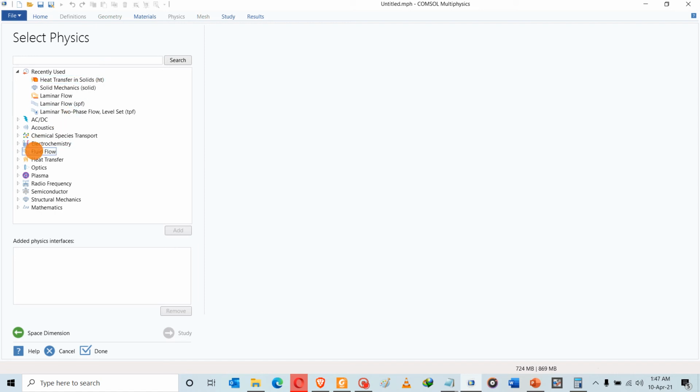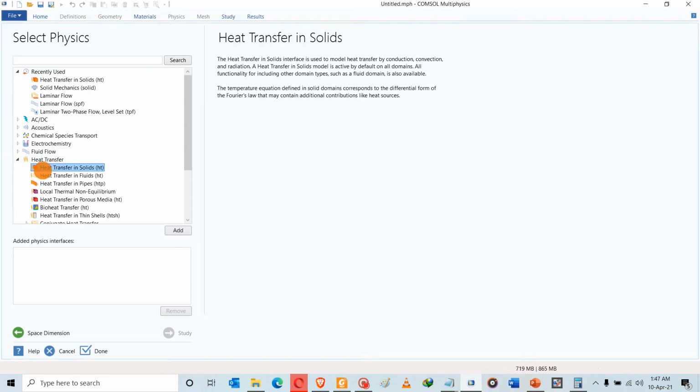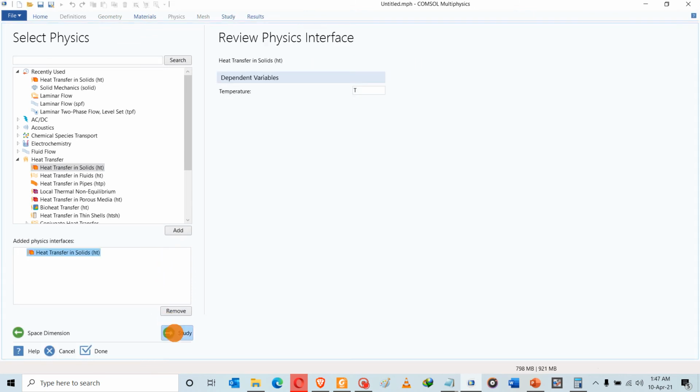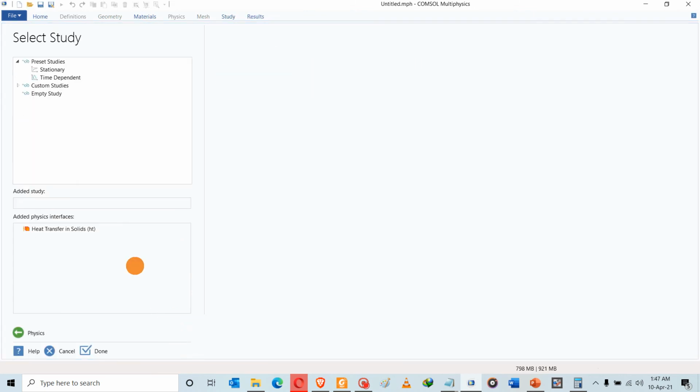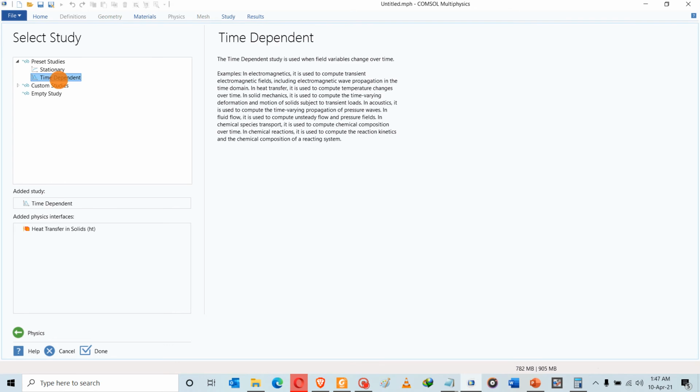And then selecting the physics, it is heat transfer in solids, since we're going to be focusing only on that. And then our study is going to be time dependent.